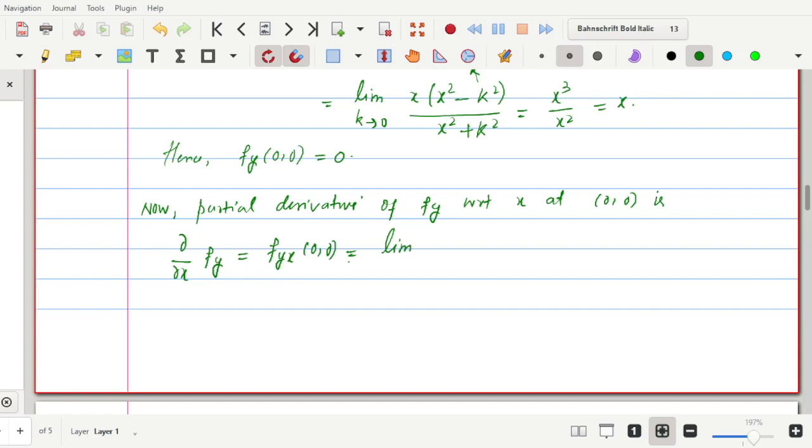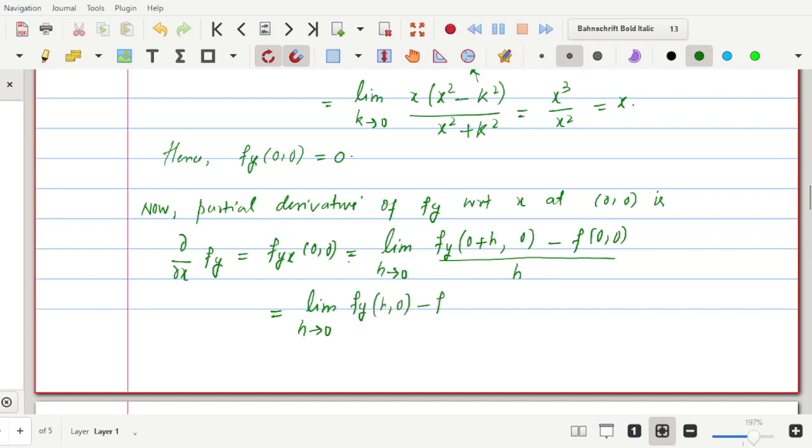Now since this is partial derivative with respect to x, we write the limit h tends to 0. Now it is the partial derivative of fy, so it is fy(0 plus h, 0) minus fy(0, 0) whole divided by h. So we can write this is equal to limit h tends to 0, fy(h, 0) minus fy(0, 0) whole divided by h.